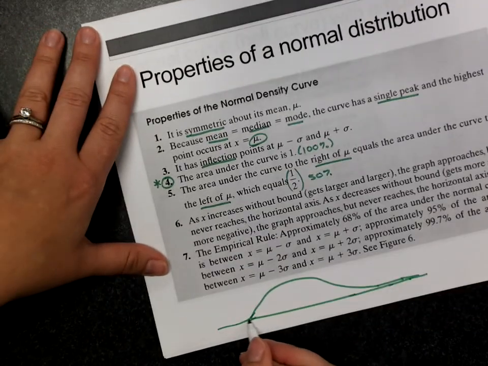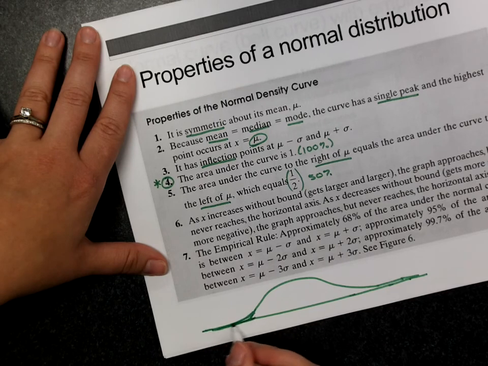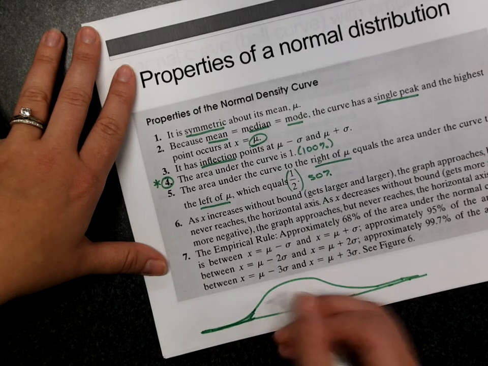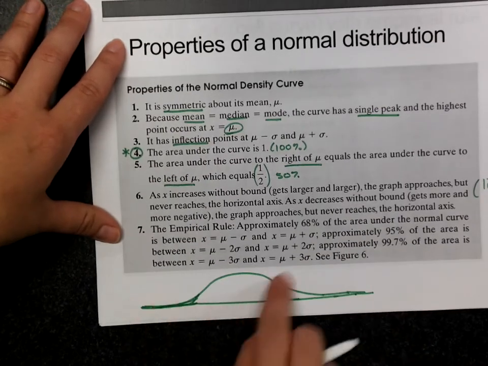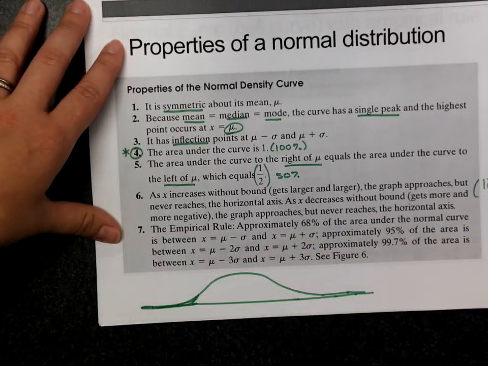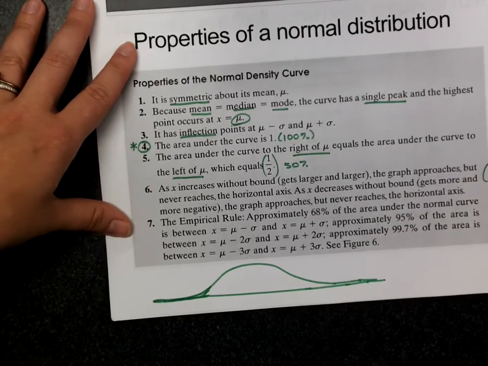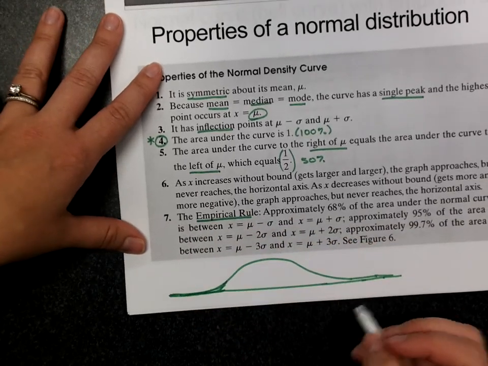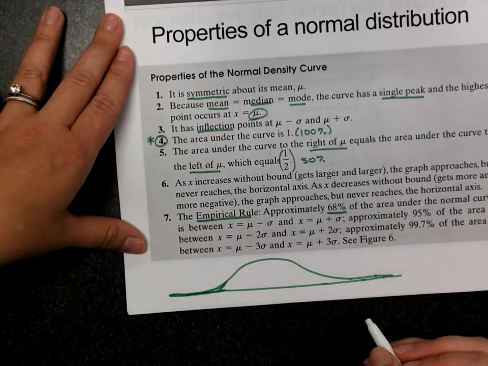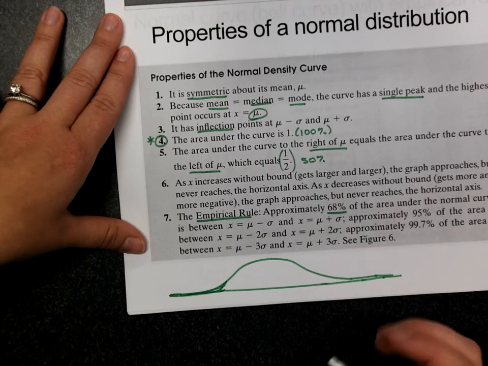So we don't take it this literal in this class, but technically those tails just keep going, just barely running along the axes. We don't draw it that exaggerated, we just kind of draw our curve, but for calculus, it's the concept of limits.